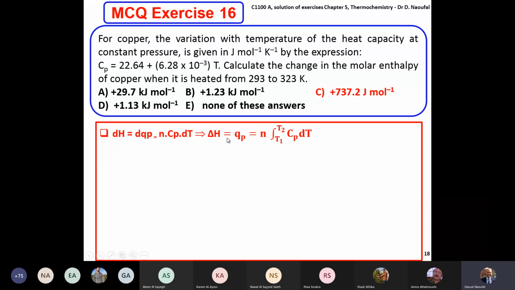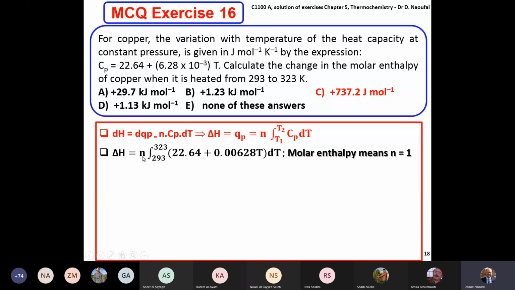So delta H is equal to Qp, equal to the integral of nCp dT from temperature T1 to T2. If Cp is temperature independent, we obtain delta H equals nCp delta T. But in this problem, Cp is temperature dependent. So we have to replace the function of Cp in relation with the temperature, then solve the integration.